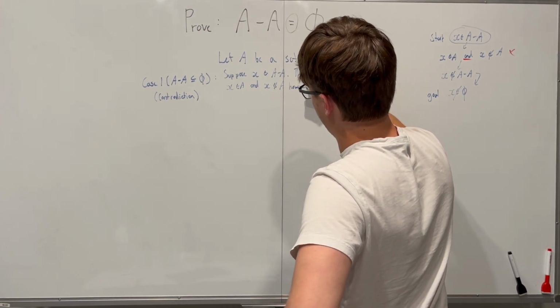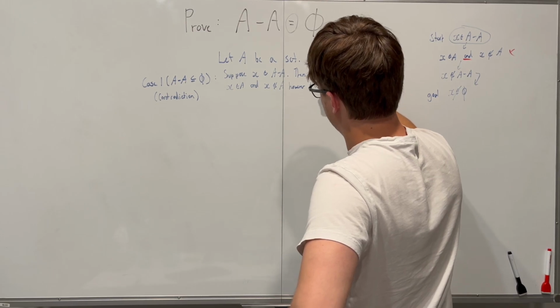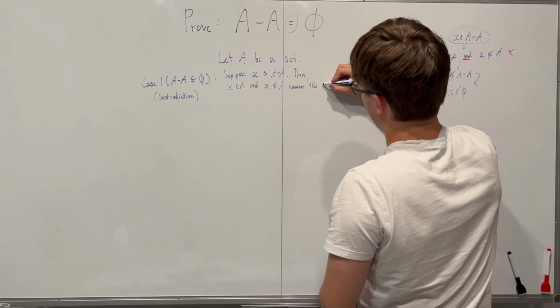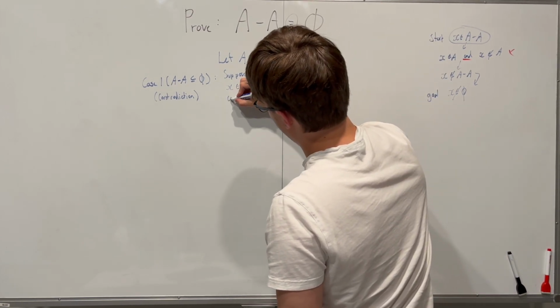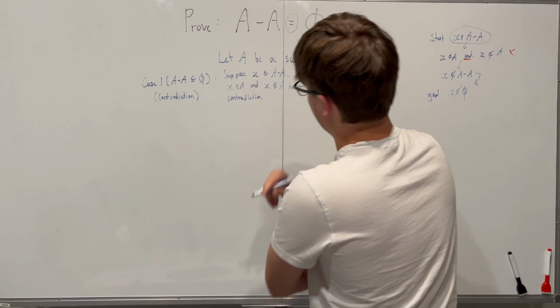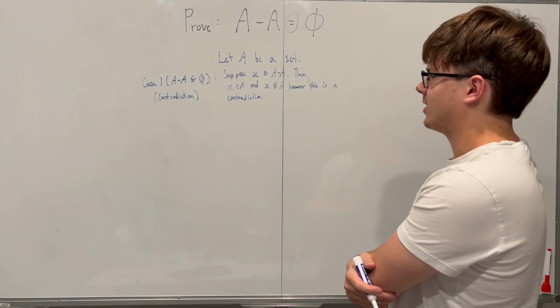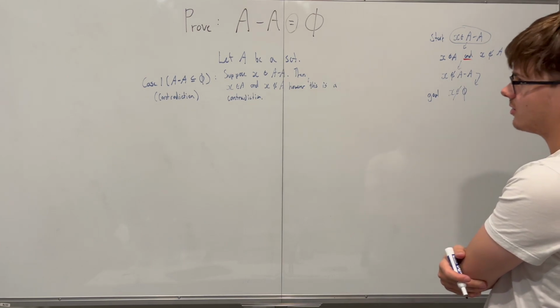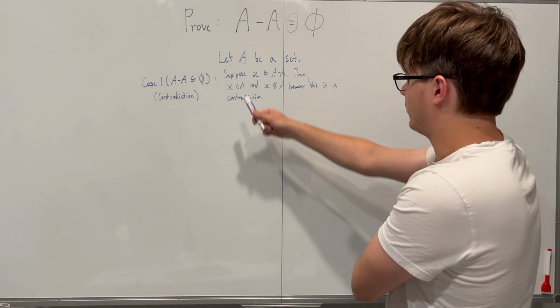However, this is a contradiction. Now, usually it's not good to just say it's a contradiction and move on, but I feel like this is so fundamental that there's nothing else I could say apart from repeating this.